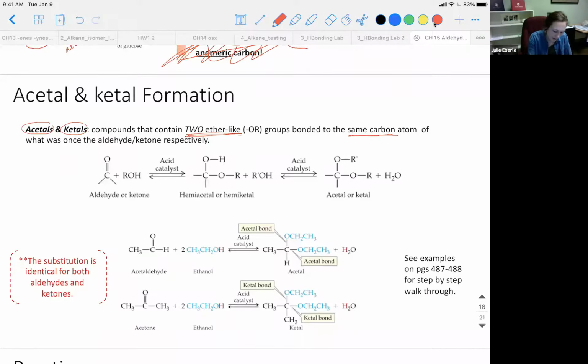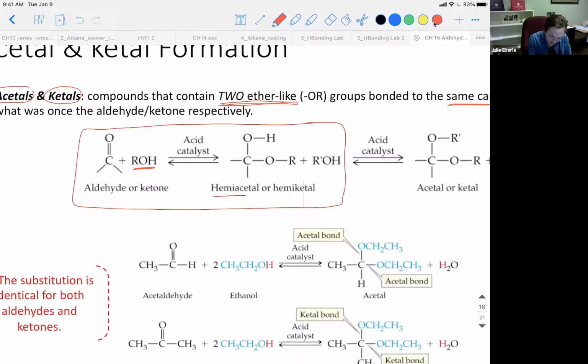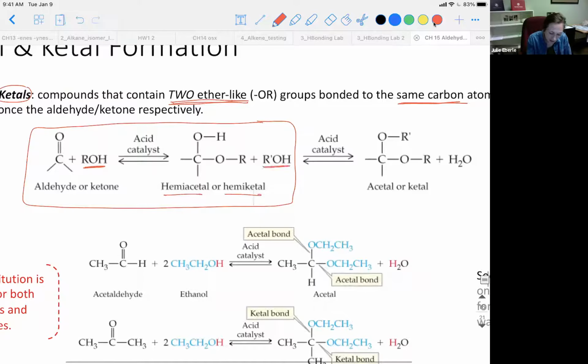Okay. And what happens is you have some kind of alcohol here. We've actually already looked at this first part. This first part is forming the hemiacetal, or hemiketal. Once we get that, if we continue adding another alcohol, we'll break this right between the oxygen and the hydrogen.